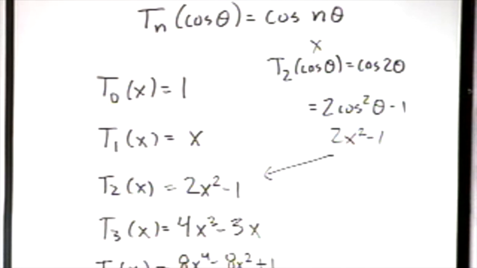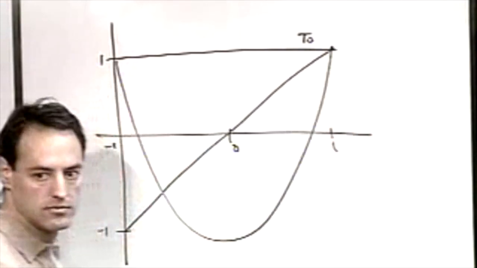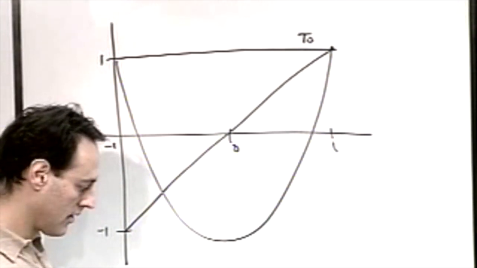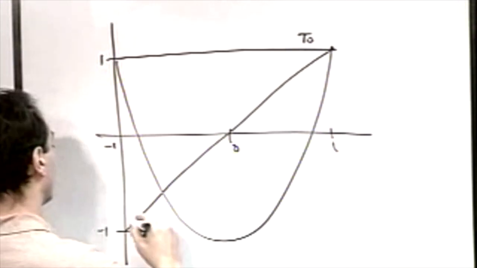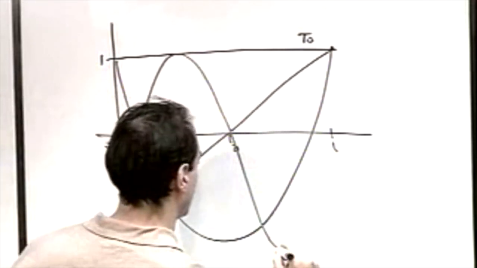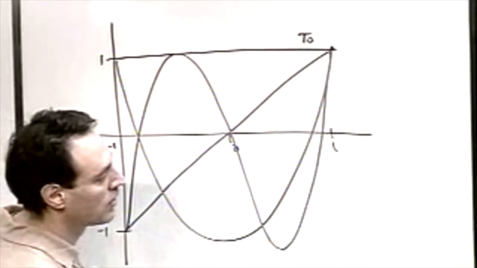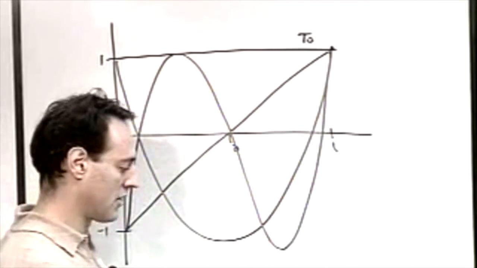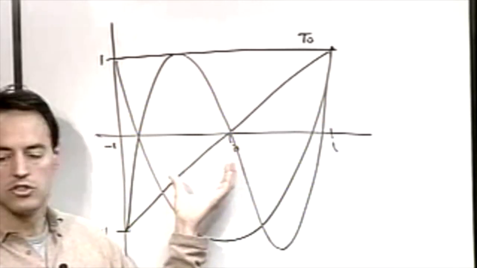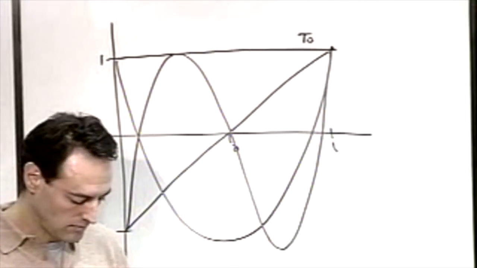I'm sorry, at 0 it's -1. So it goes like this. The next one is a cubic. And the cubic goes something like this. And the next one is a quartic. I have a picture of it there on the page. But you see, this is the set of functions you're going to start saying, let me expand everything in this. Okay?